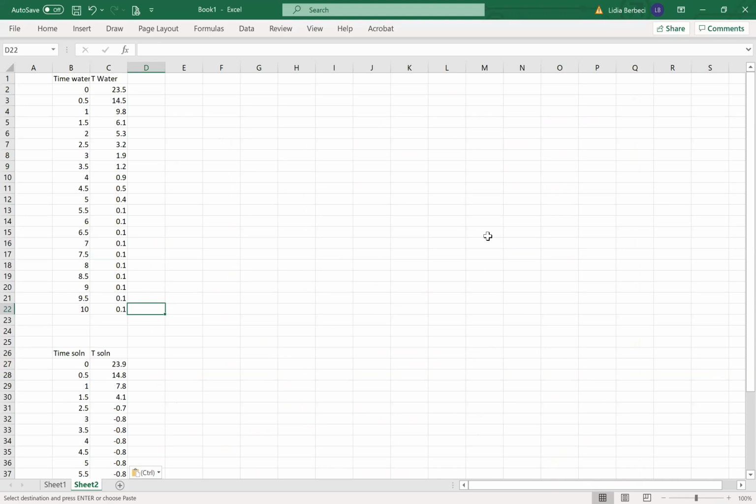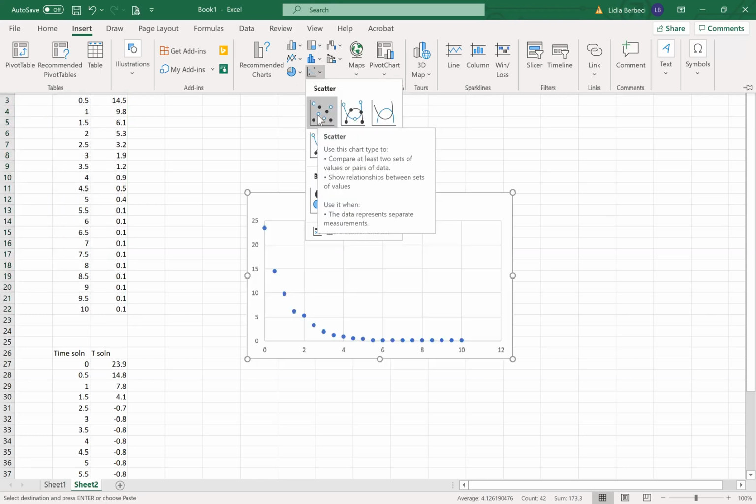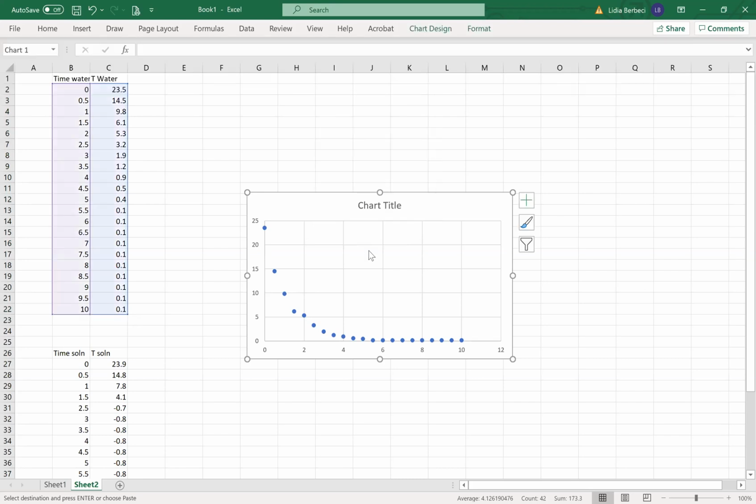All those numbers that you've seen on the previous data sheet are here. I've input them into Excel. You're going to select them and insert the graph from the graph options. Click a scatter graph so you can work with it to your own liking. Okay, so here we created the graph.